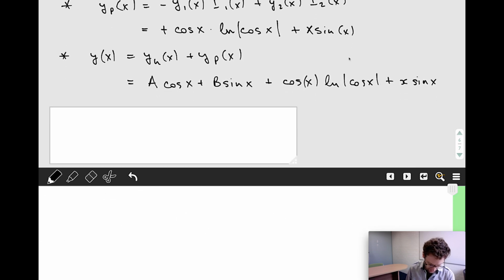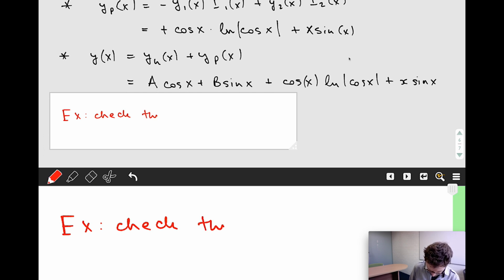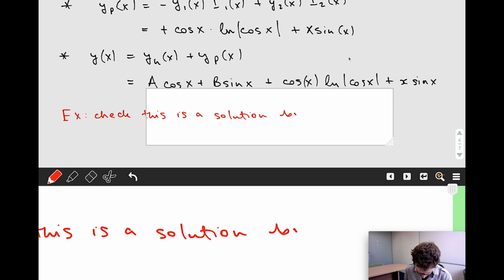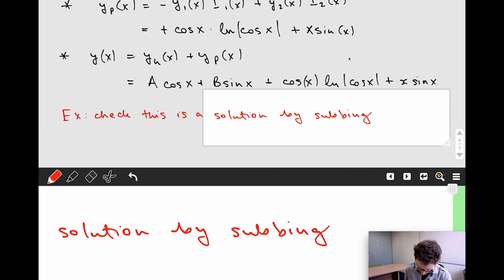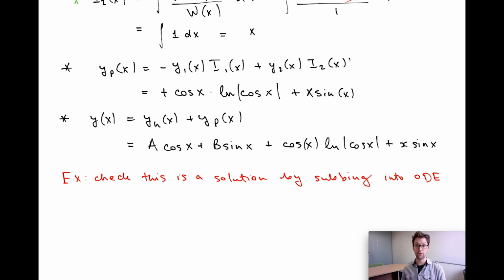And a good exercise would be to check that this actually is a solution by substituting it into the ODE. Just make sure that both sides balance each other to make sure that you do in fact have the solution. But that's the method of variation of parameters.